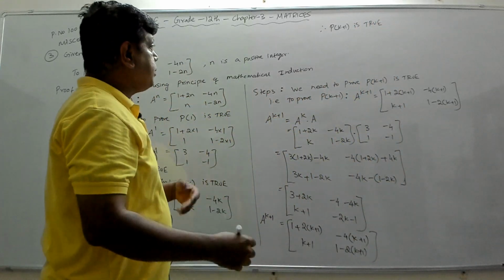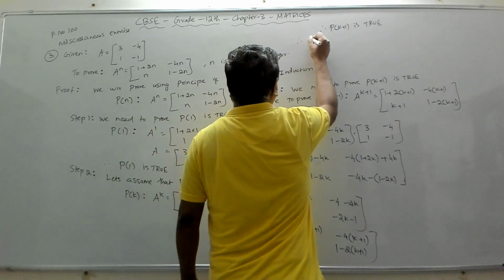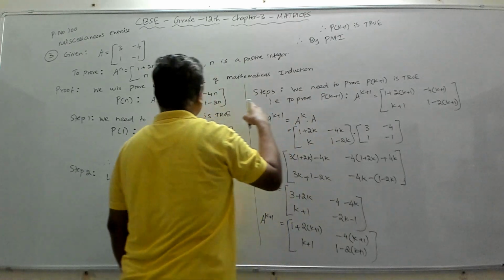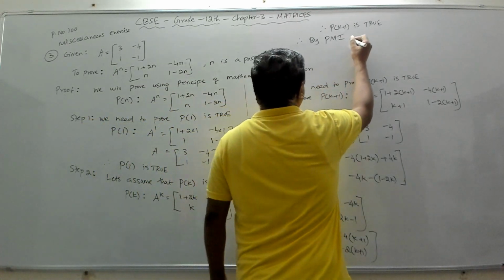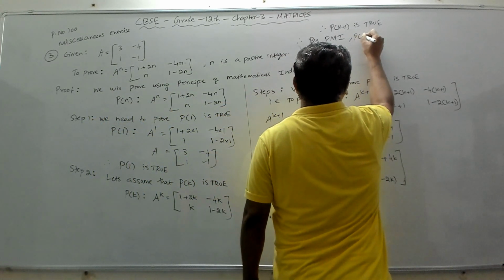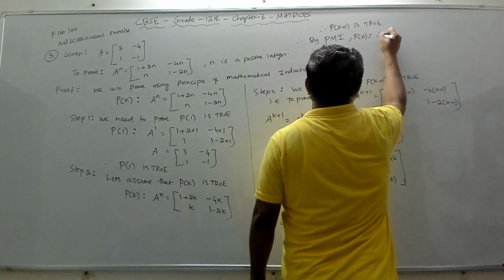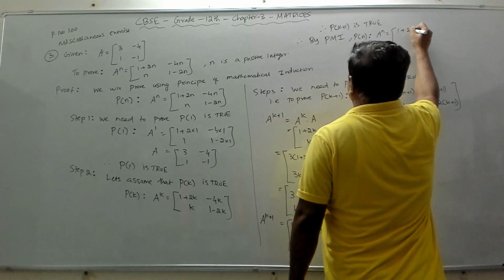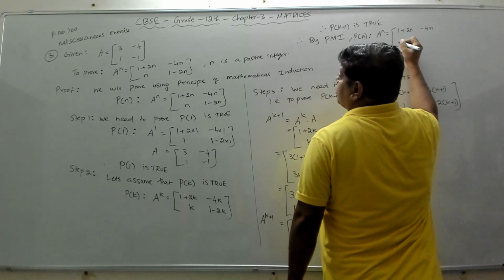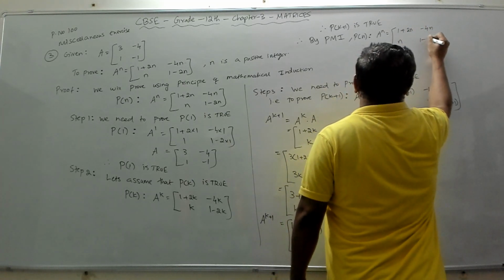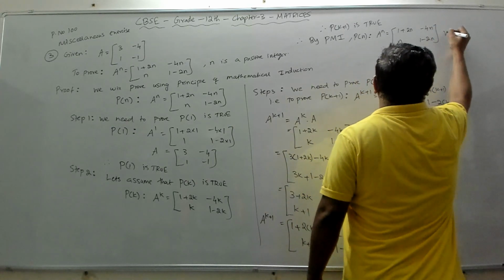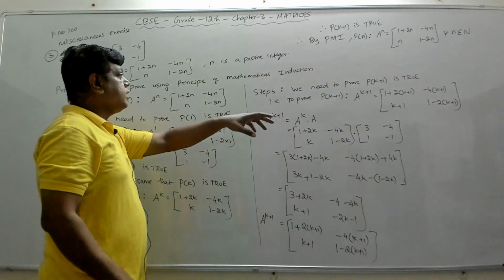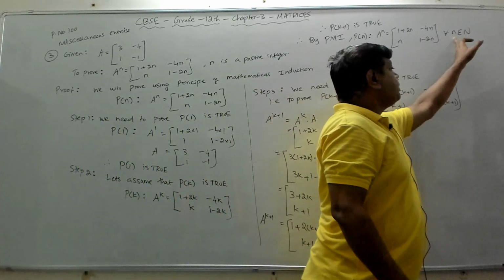So therefore by PMI, principle of mathematical induction, P of n, that is A power n equal to 1 plus 2n, minus 4n, n, 1 minus 2n, for every n belonging to N. Every n belonging to N means N is the set of all natural numbers, which means n is a positive integer.